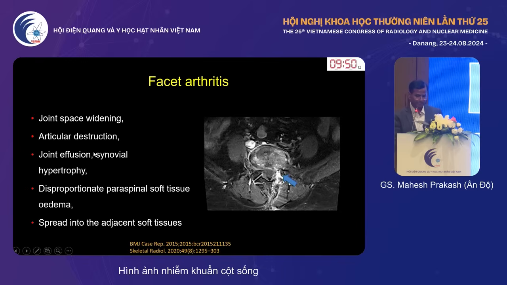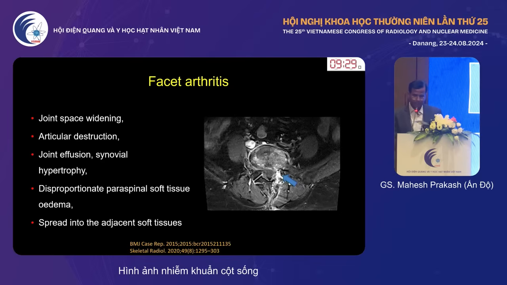In later stages, they can be associated with a paraspinal soft tissue component and can involve other structures also. See here, this is the normal facet joint on the other side, but here there is a destruction of the facet joint associated with soft tissue inflammation, extending posteriorly also.